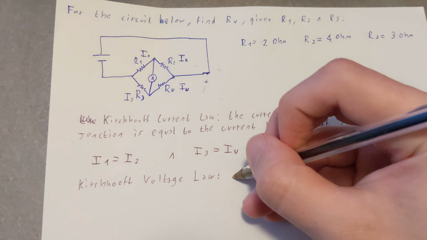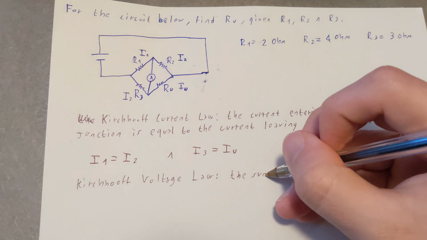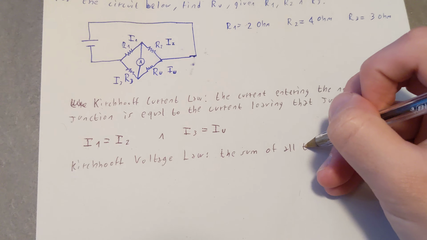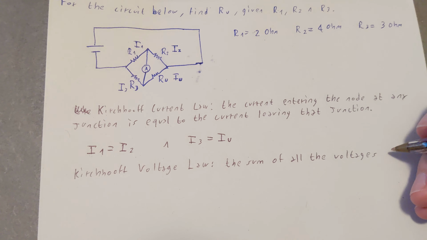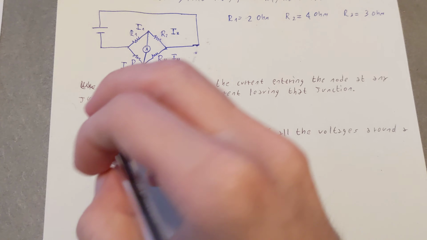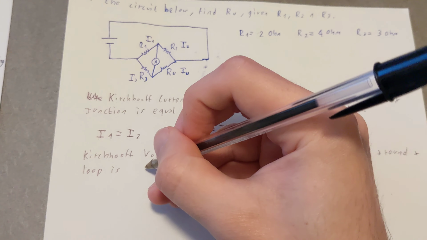So let me just write it. The sum of all the voltages around a loop is 0.